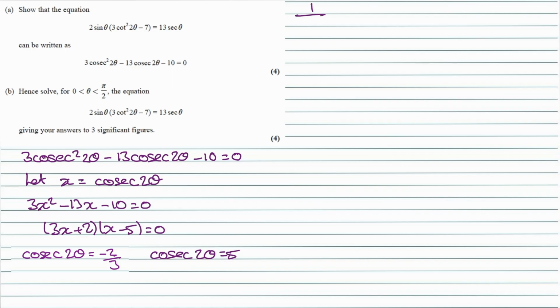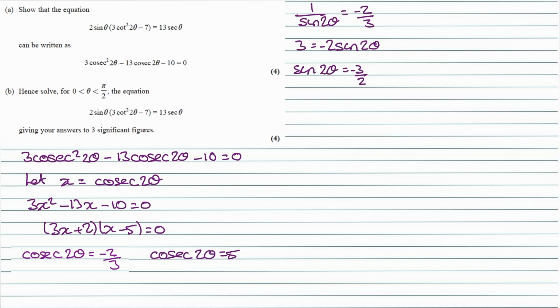But now we need to write each of these back in terms of sine 2 theta. So we'll have 1 over sine 2 theta equals negative 2 over 3. We'll move this over to the right-hand side and the 3 over to the left-hand side. So we get 3 is equal to negative 2 sine 2 theta. We'll divide both sides by the negative 2.